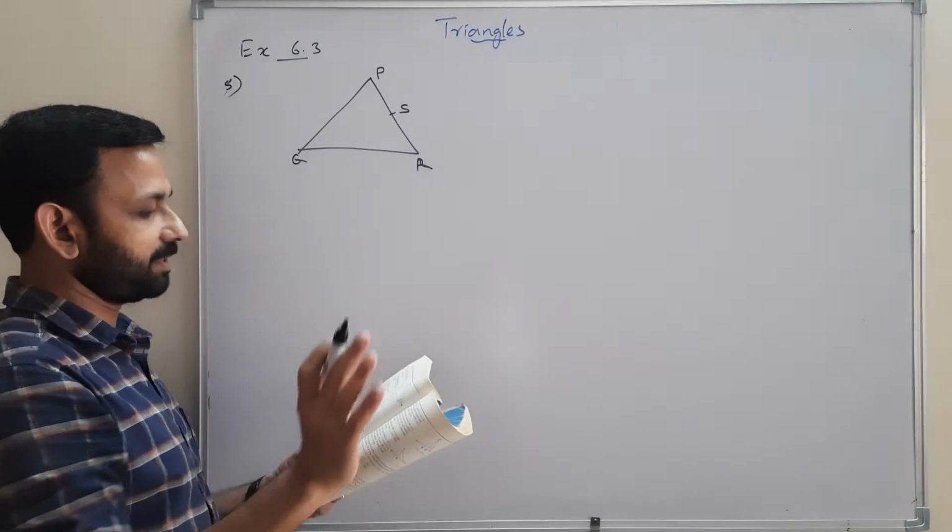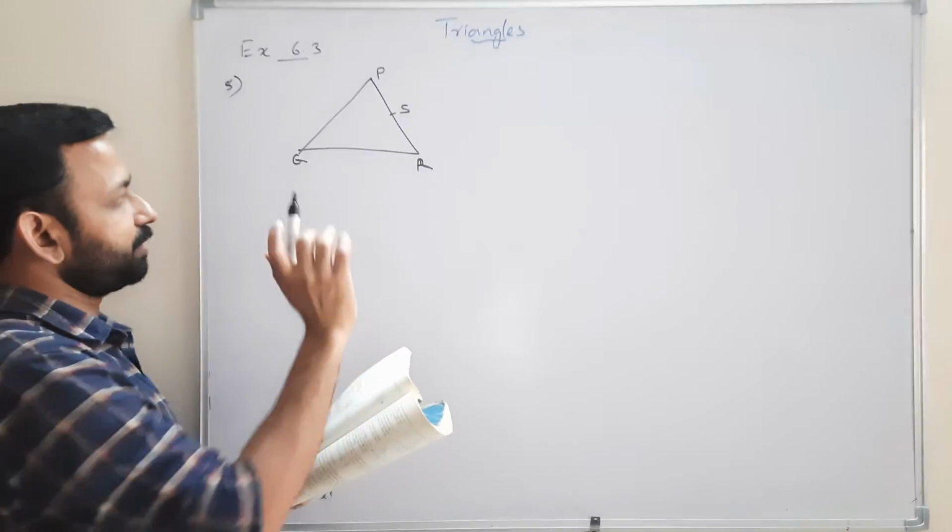S is a point on side PR, and T is a point on side QR.